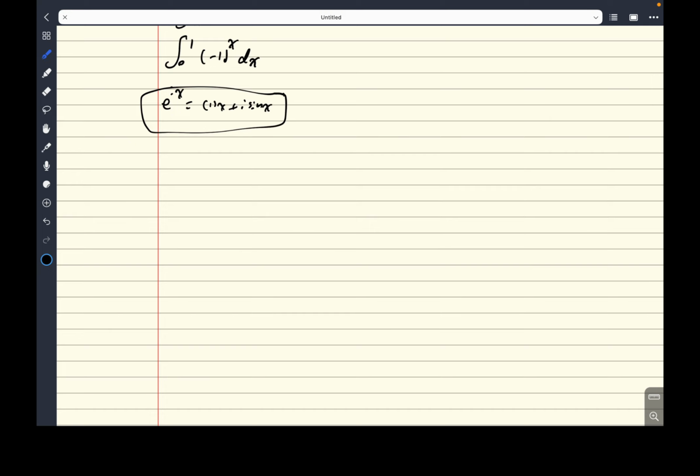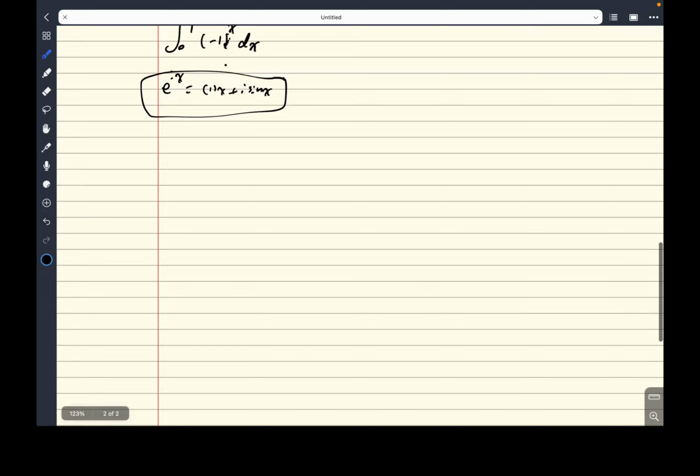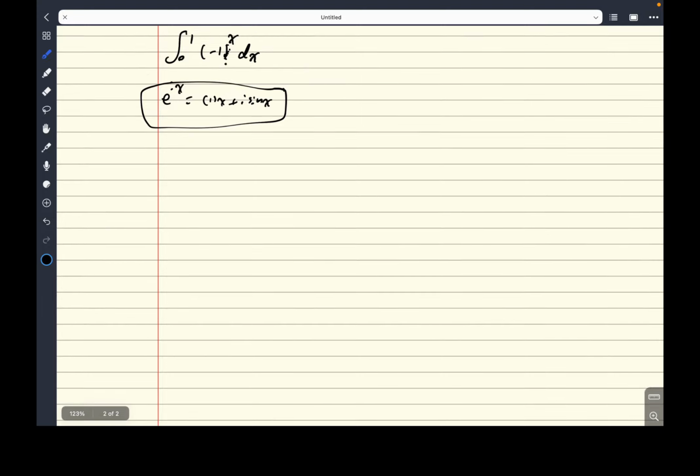So what should we do now? If you've watched my video on how we should calculate the ln of -1, you probably know that we should use this formula to relate e to the power of something to -1. In this case, we're going to say e to the power of i pi. But is pi really enough? Does it capture the full numbers that it can be?